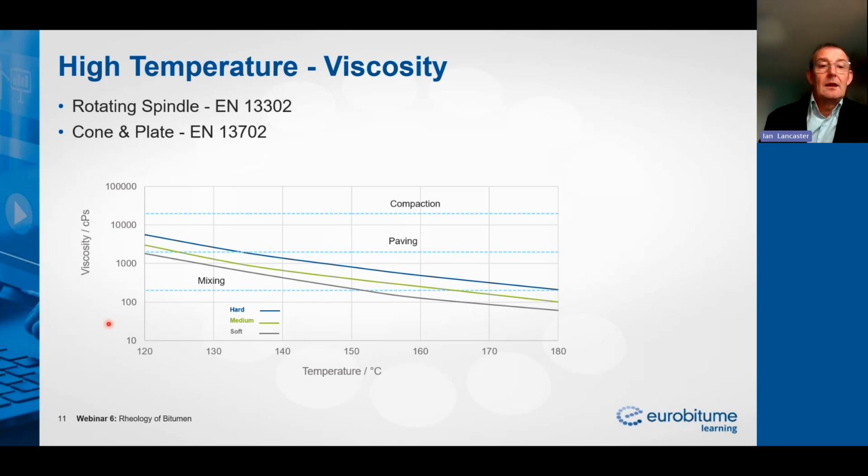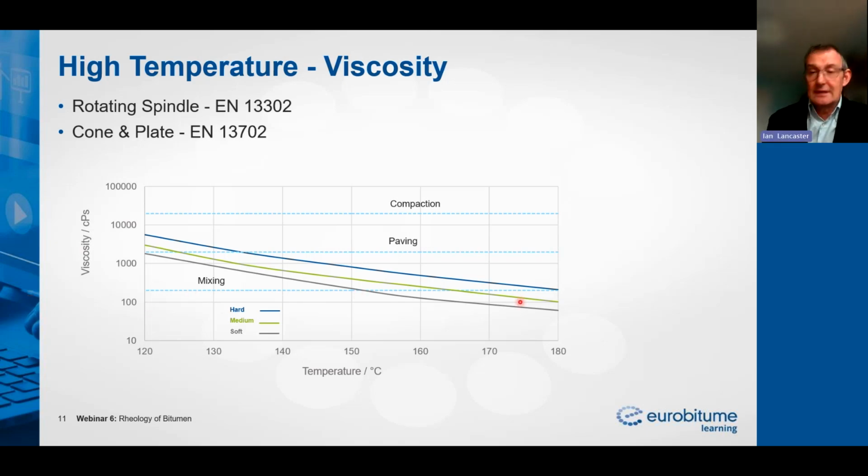So let's have a look at mixing temperature, at mixing viscosity. On the graph you see in front of you, we have three different grades of bitumen: a hard, a medium, and a soft grade.